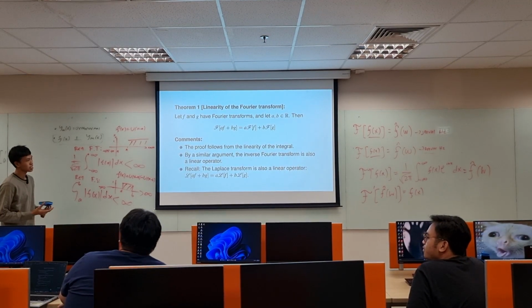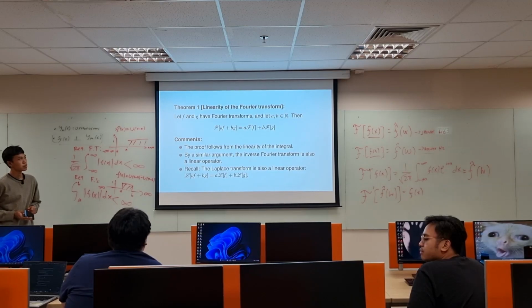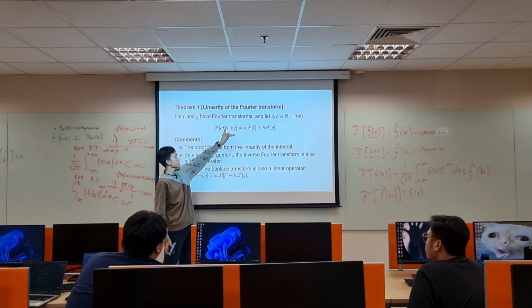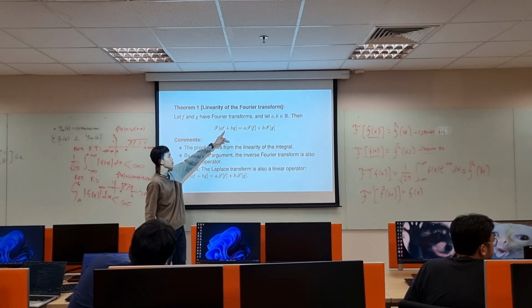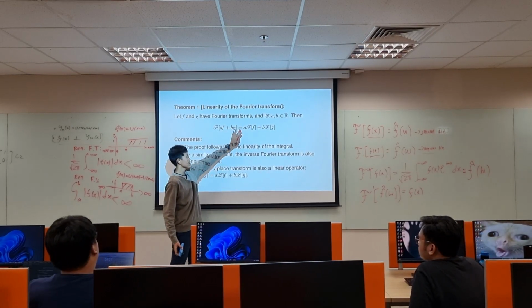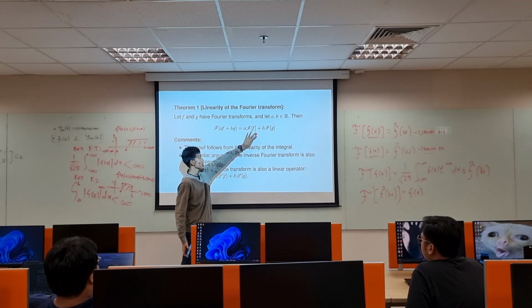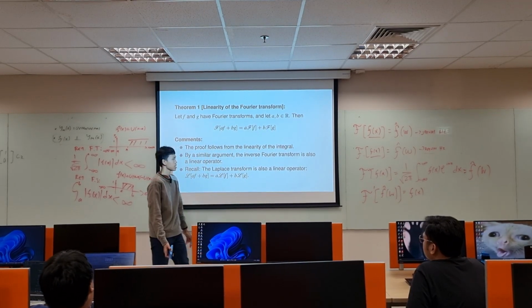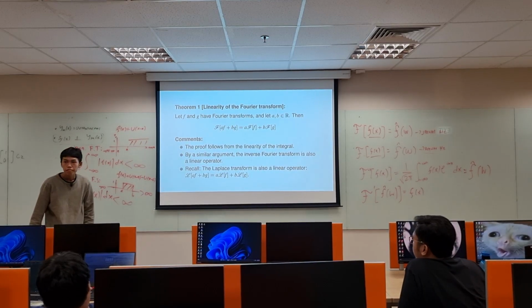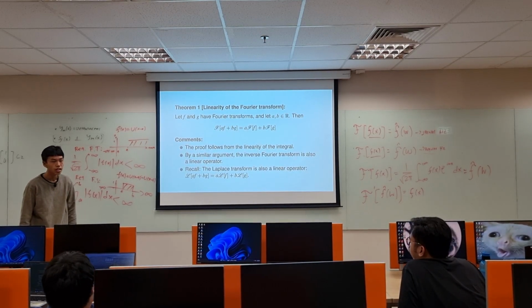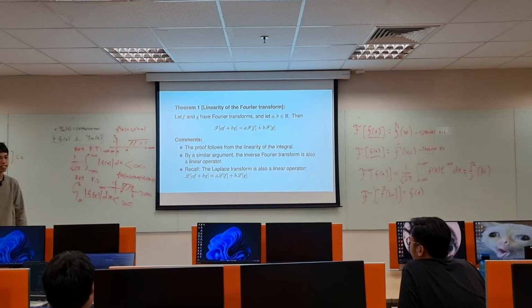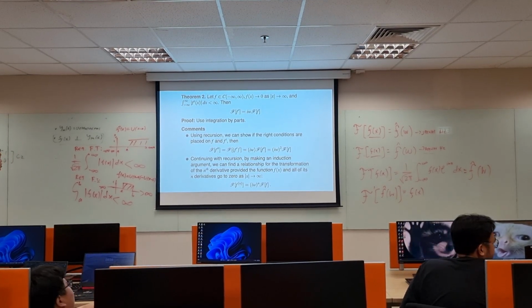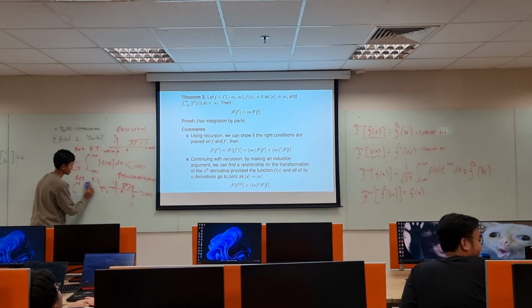Same as Laplace. F and G are functions, so we can do the Fourier transform of f(x) plus the Fourier transform of g(x). Just like Laplace. So theorem 2 is also basically the same as Laplace.